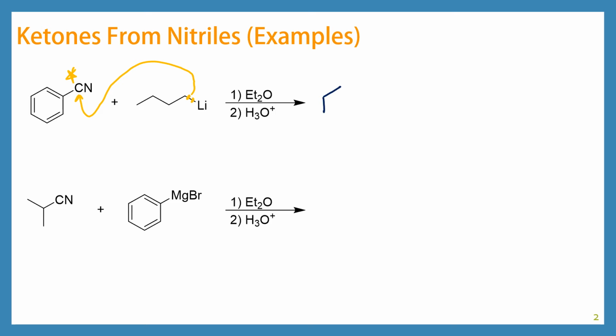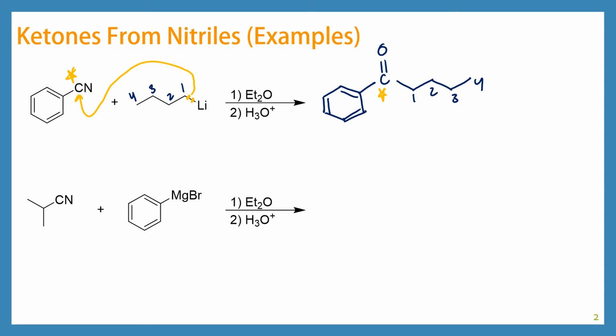So we know that our ketone is going to have at least these atoms. This is our carbonyl carbon. We know this is going to get turned into a carbonyl, and then we're going to have 1, 2, 3, 4 carbons from the alkyl lithiate. So this is our product.